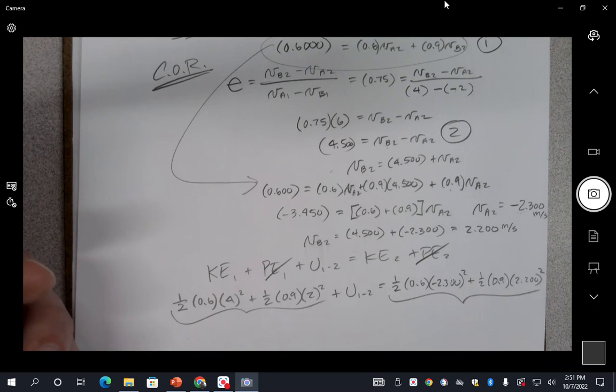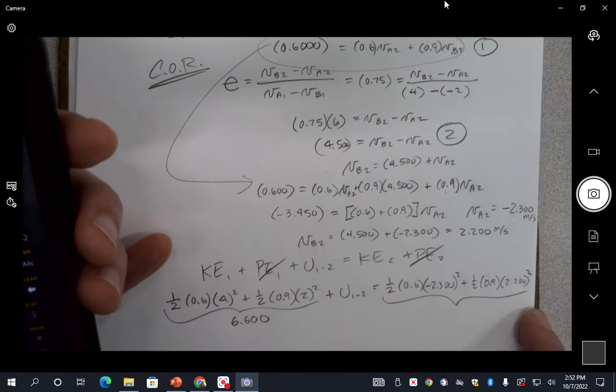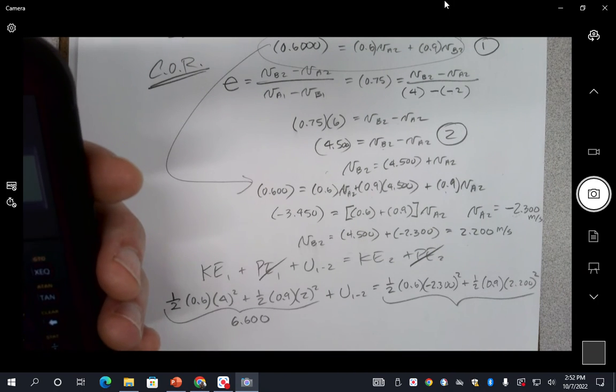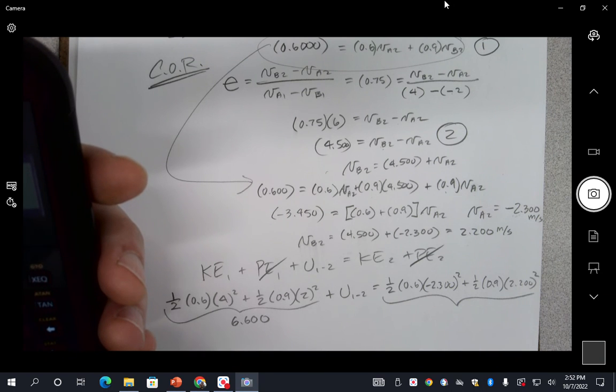So this is 4.8, this is 1.8, so they come out to 6.6 Newton meters worth of kinetic energy. This better be less, or we did something wrong.